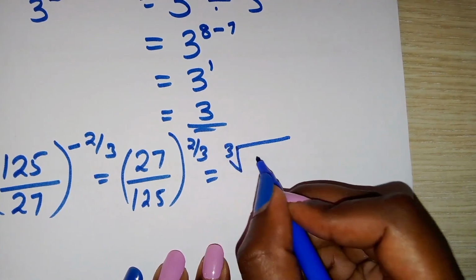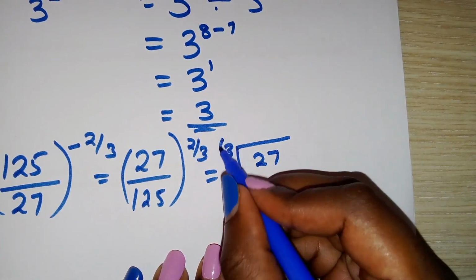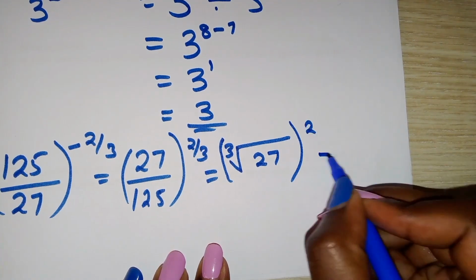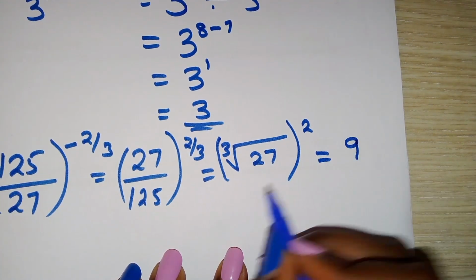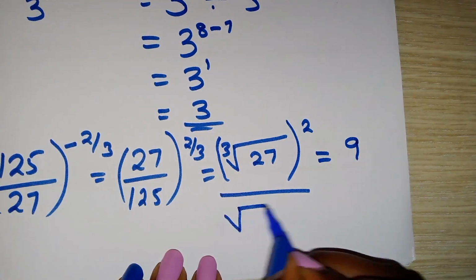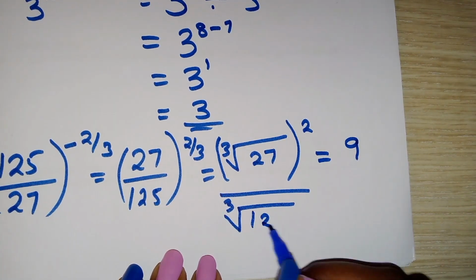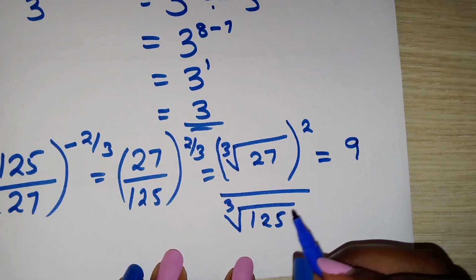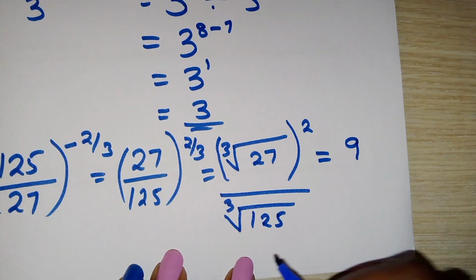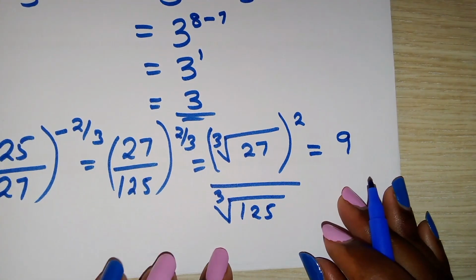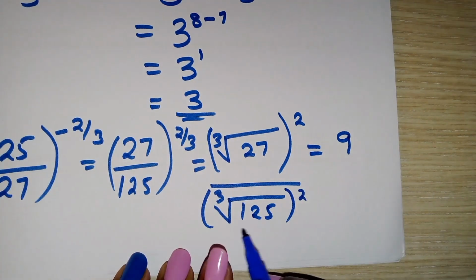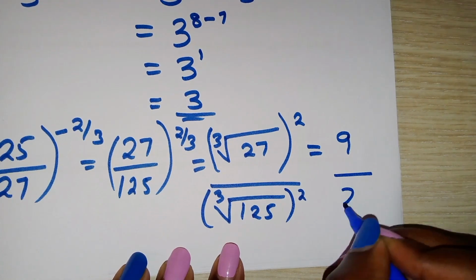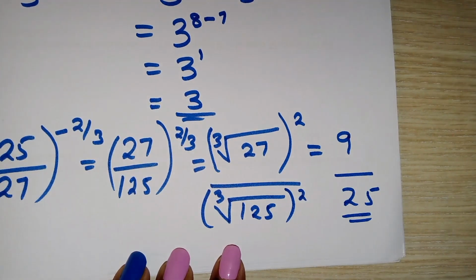The cube root of 27 is 3, and 3 squared is 9. The cube root of 125 is 5, because 5 times 5 is 25 and 25 times 5 is 125. Then squared: 5 squared is 25, and that's the answer.